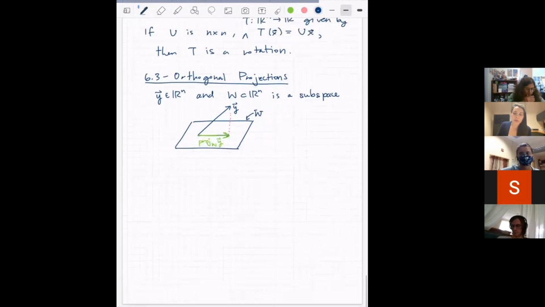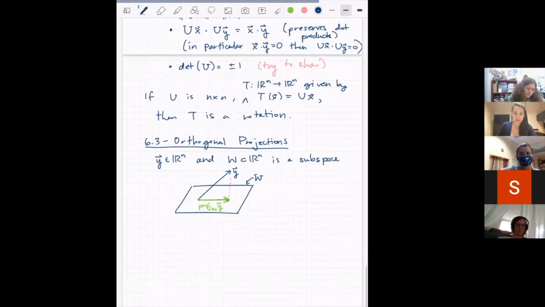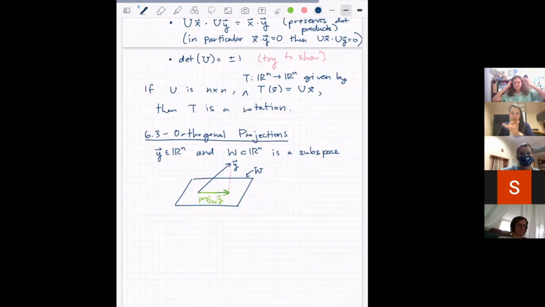And how we go about defining that is based on that idea where we talked about decomposing. So right at the beginning, we talked about how we get the piece that is the projection, and then we get a piece that lies in W perp, or the orthogonal complement of the subspace, right?